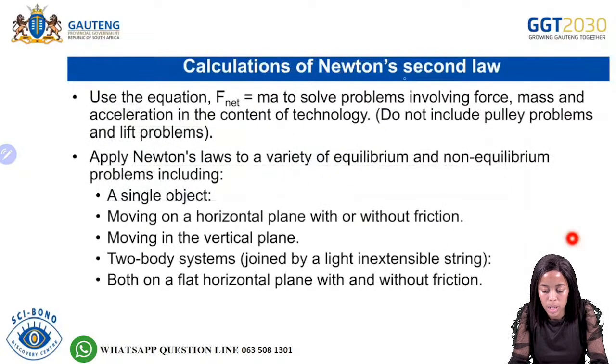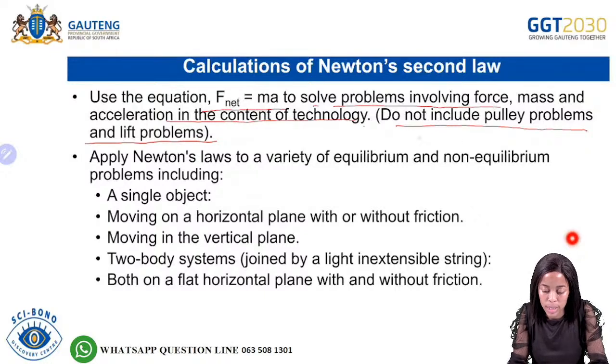Then it says for calculations of Newton's second law, and this is according to the examination guidelines, you need to use the equation F net is equal to ma to solve problems involving forces, mass, and acceleration in the context of technology. Then it says do not include pulley problems and lift problems.